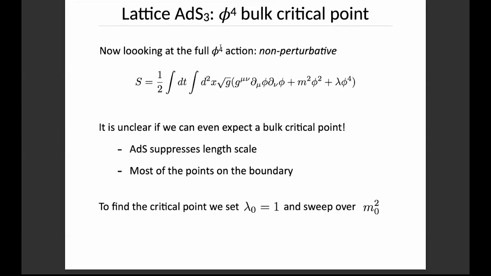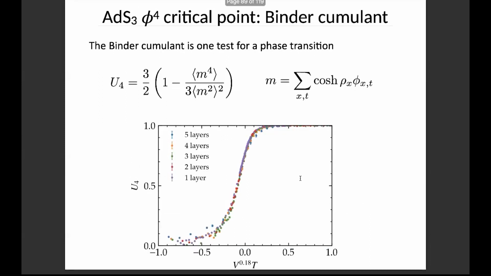The easiest thing to do here for our Monte Carlo calculations is to set lambda to 1 and sweep over the mass. If we do that and look at the Binder cumulant, which is one of the tests for a phase transition, I believe you all have seen this over the past couple of weeks.